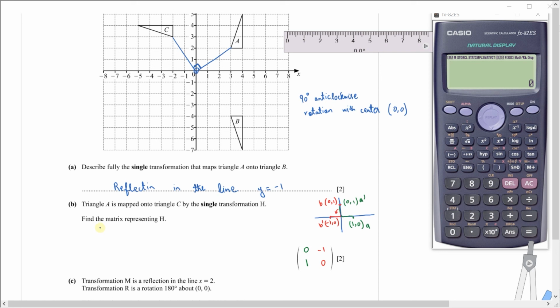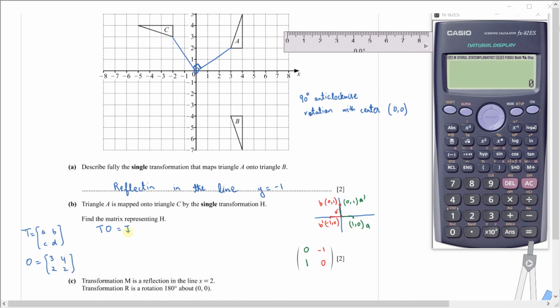If you apply a transformation to an object O, T times O will give you the image I. Since this is mapping triangle A onto triangle C, let me call the transformation matrix that we need to find, which is the unknown, T, with entries A, B, C, D. My object will be the coordinates of two vertices of triangle A. So I can take this point, which has coordinates 3, 2, and this one, which has coordinates 4, 2.